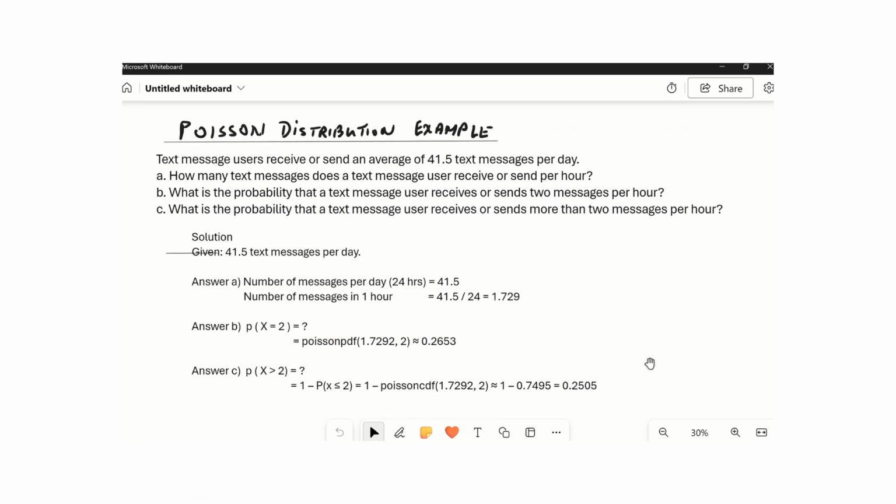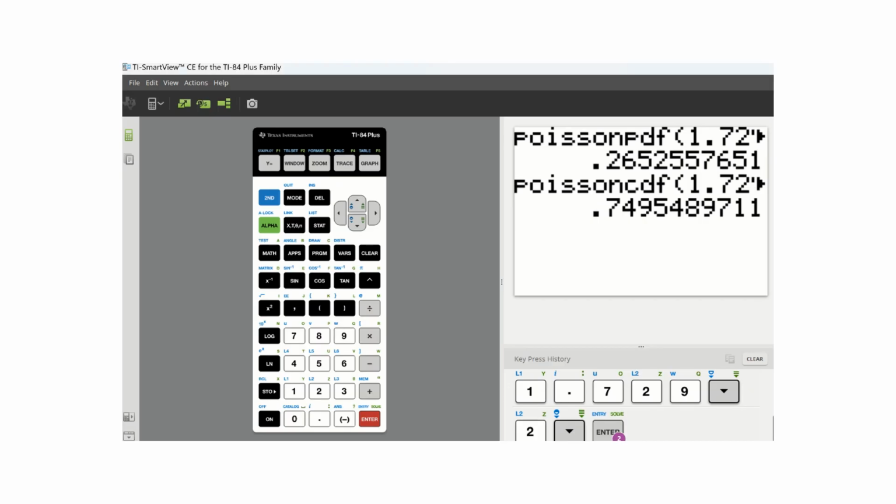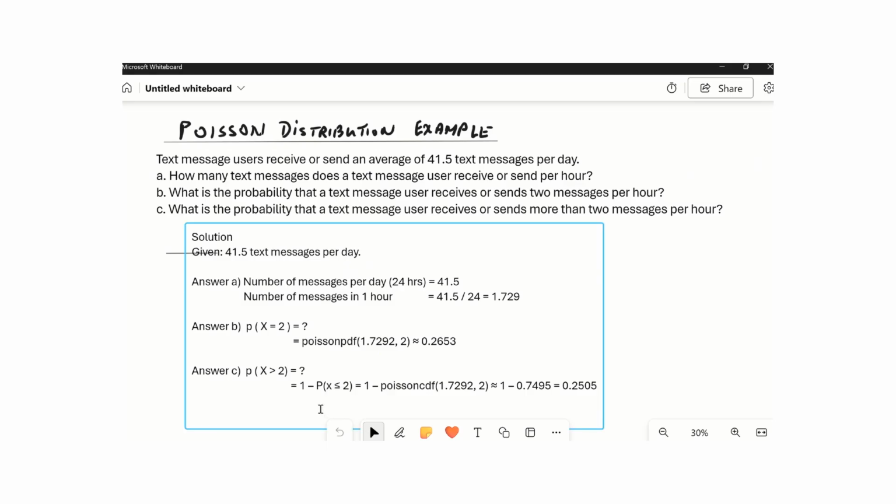The probability of less than or equal to 2, as in 0, 1, or 2 events in a given hour, is the number that we got from the calculator, which was again 0.7495. To calculate greater than 2, you subtract it from 1, or the 100% probability.